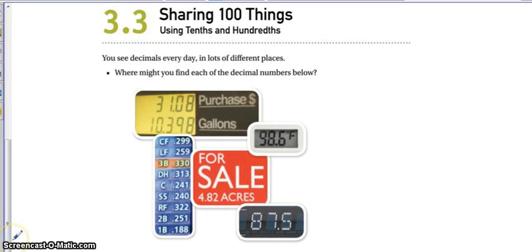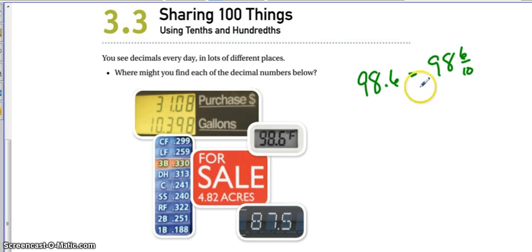First off, we see decimals every day, and decimals are nothing more than a place valued fraction. We've taken a fraction and written it in terms of base 10 numeration rather than in fraction form. So things like 98.6 would equal 98 and 6/10 because this 6 is in the tenths column, and so that would be 6/10.